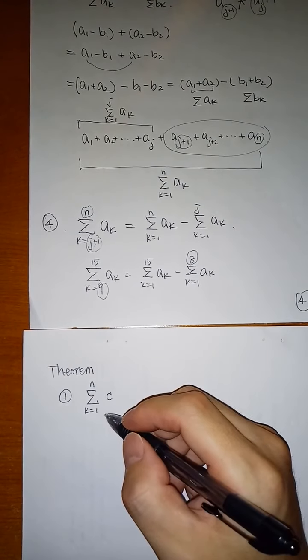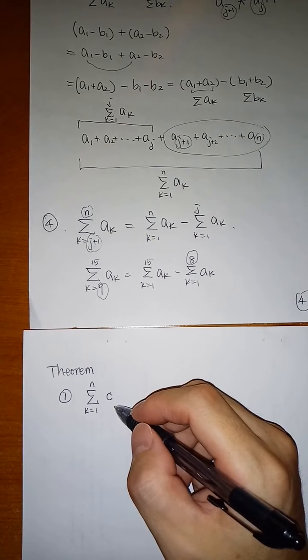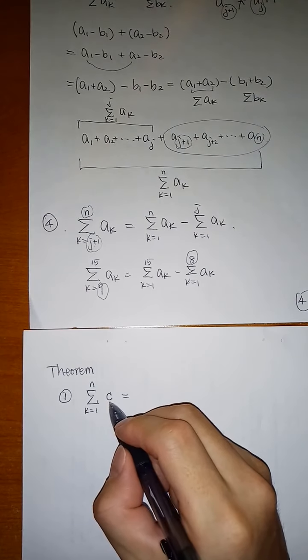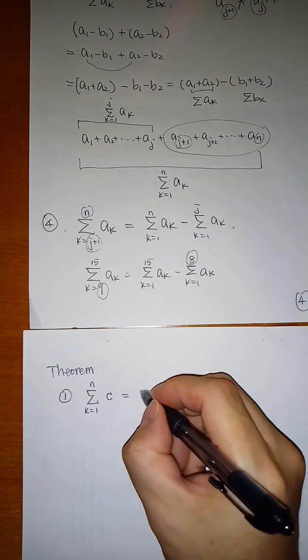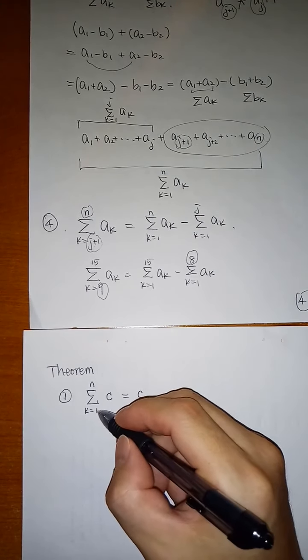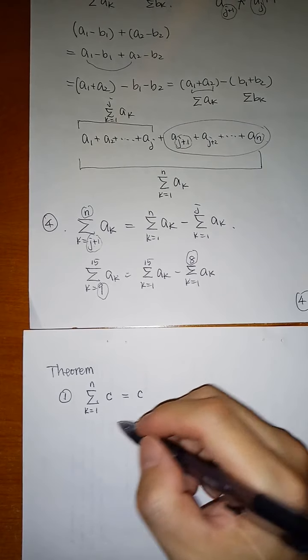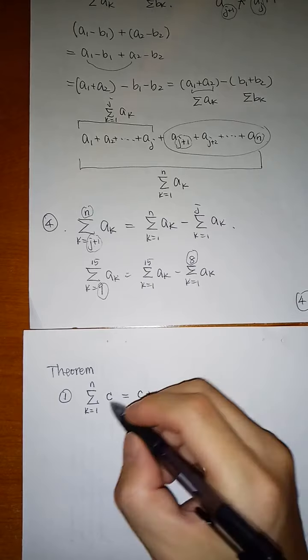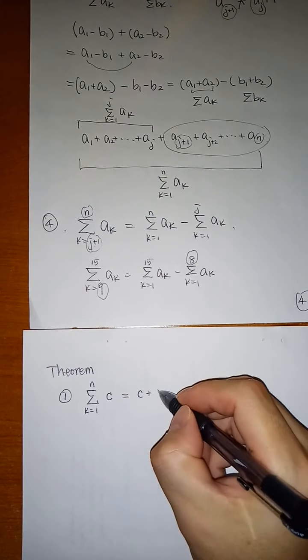The sum of constant numbers. So what does this mean? When k is 1, it's a constant. It's c. It does not change. It does not depend on the position, the index. And you add. The next, when k is 2, it is still c.